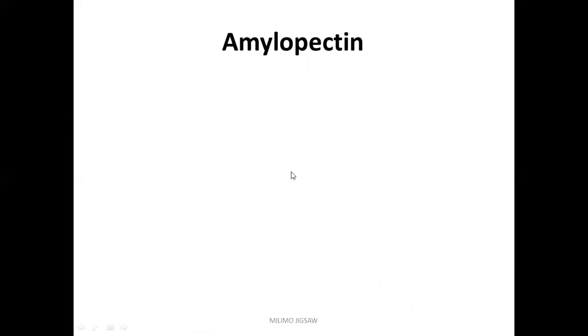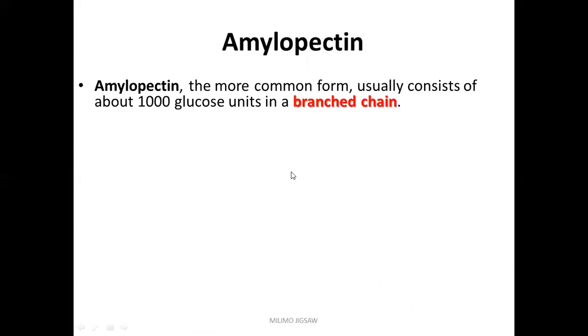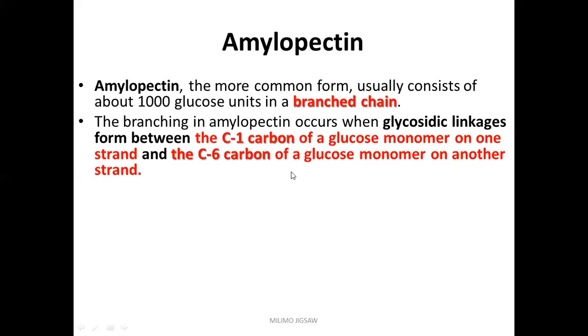Then the other form of starch is what is called amylopectin. This is more common, and it is branched. So it contains branched chains. The branching that we find in amylopectin will occur when glycosidic linkages form between carbon 1 of a glucose monomer on one strand with carbon 6 of a glucose monomer on another strand.